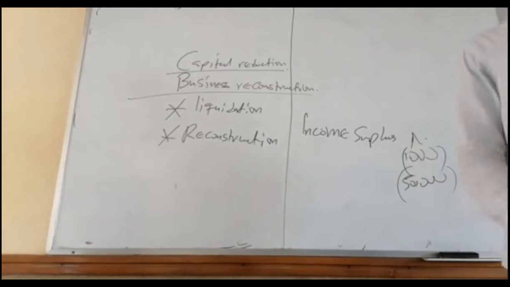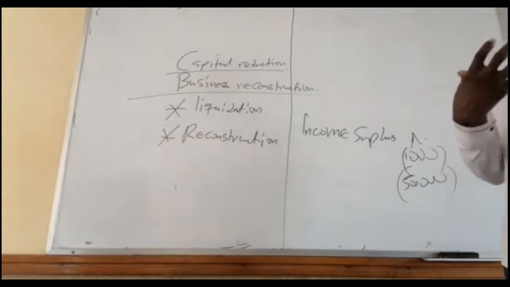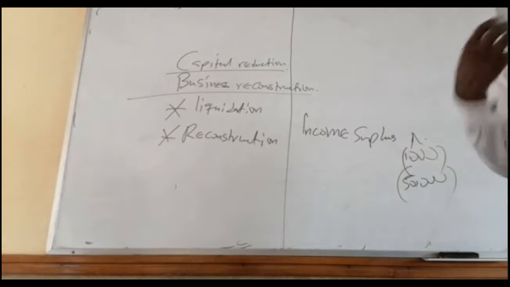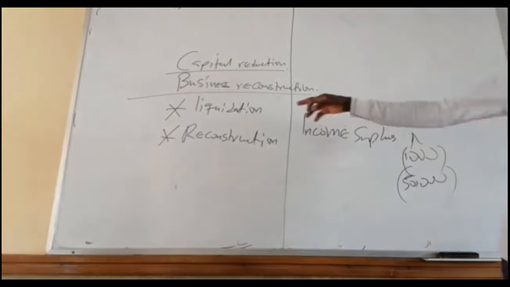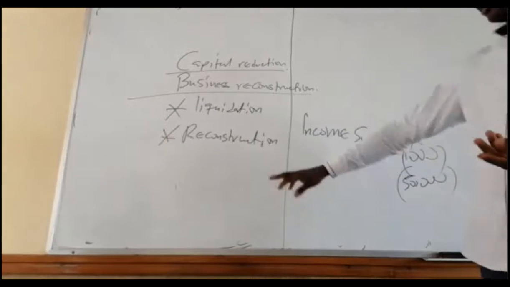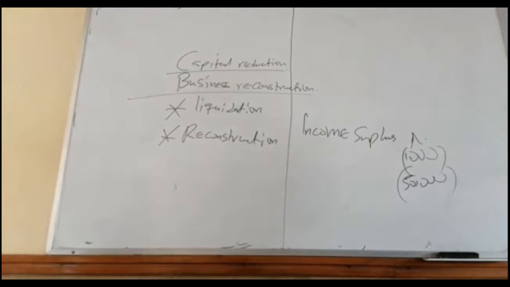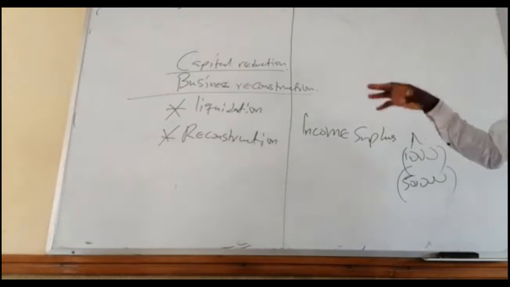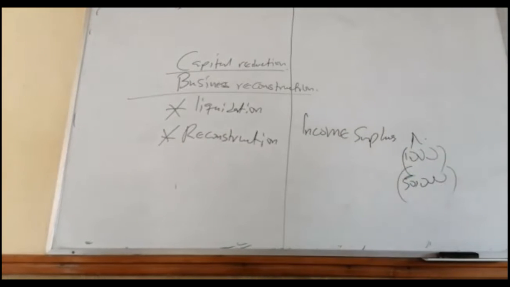So it means that we should understand how to assess the company, how to determine the company's position in the event of liquidation. And we should know how to deal with reconstruction. For reconstruction, there are two types, internal and external. We are interested in the internal because we are accountants.